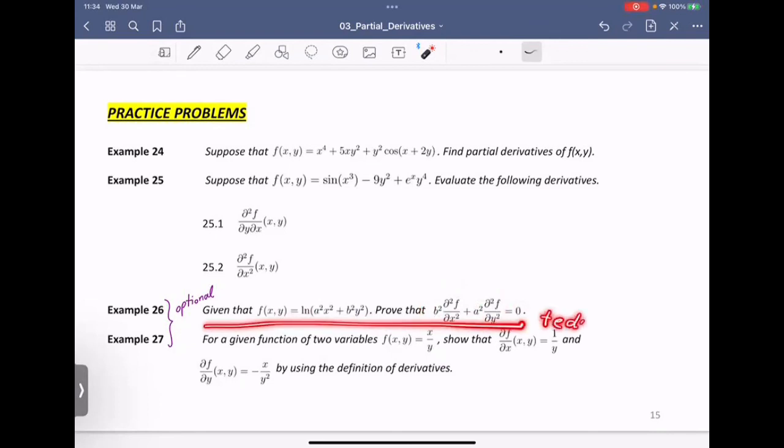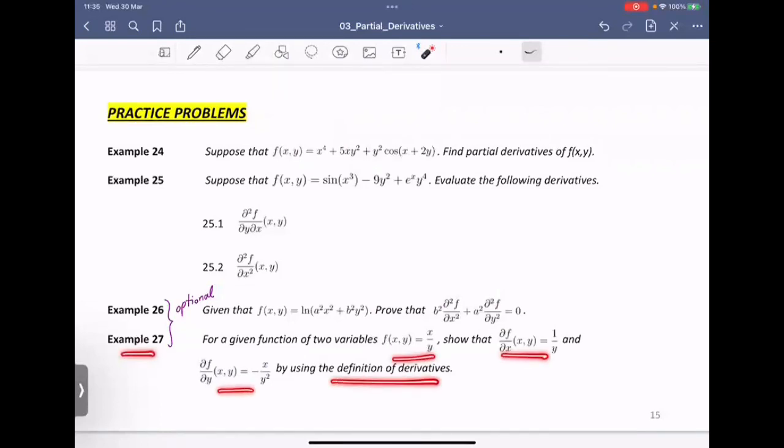It's long and tedious. So if you have more time, you can do it. But I believe that if you can do 24 and 25, you are done with this second order derivative, because the concept is easy. Number 27 is the practice one, if you want to practice using the definition of derivatives. Okay, they are optional.